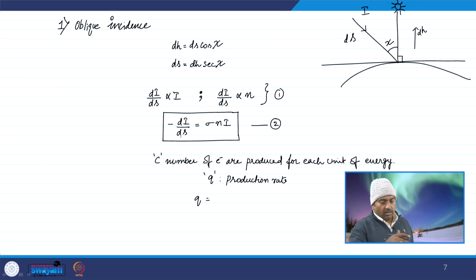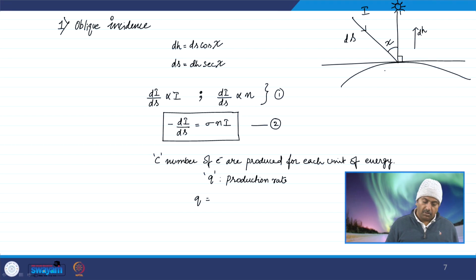For the total intensity change, from the beginning of the atmosphere till the complete absorption, the total number of electrons produced will be simply C multiplied by the right hand side of expression number 2. So, Q can be written as minus C times dI over ds, which is C sigma n I.